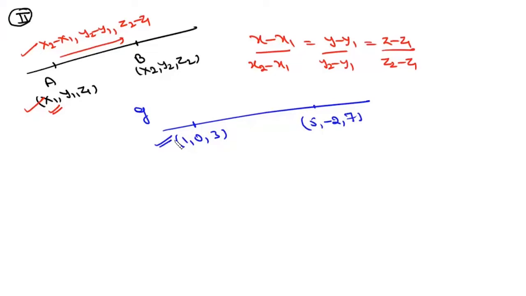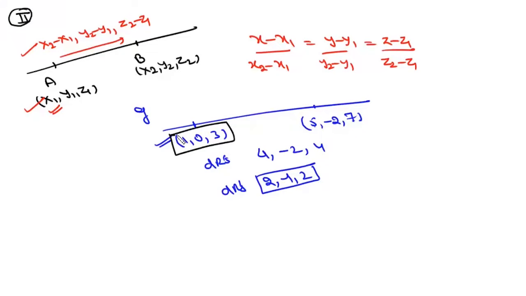Now we already have this point. We can find the direction ratios of this line. They are 5 minus 1, which is 4, minus 2 minus 0, which is minus 2, and 7 minus 3, which is 4. Now their HCF is 2, so we can divide by 2. We can write these direction ratios as 2, minus 1, and 2. Now we can choose any one point, either this or the other one.